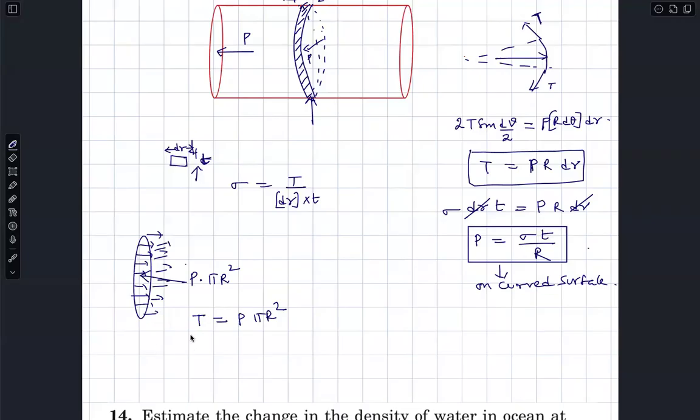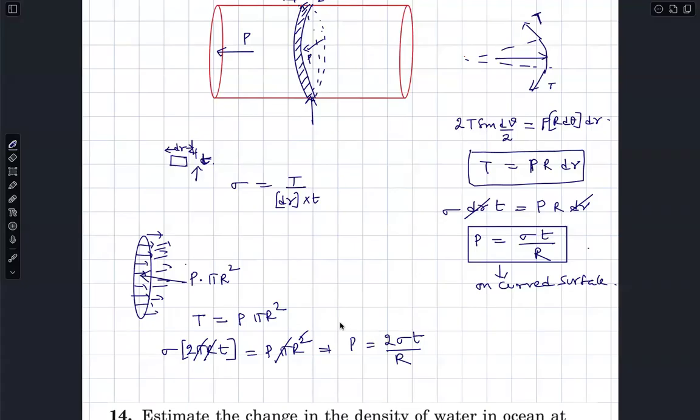And this can be written as sigma into 2 pi r t, because 2 pi r is the width and they have given t. This is P pi r square. Pi cancel, r cancel. So pressure is 2 sigma t by R.